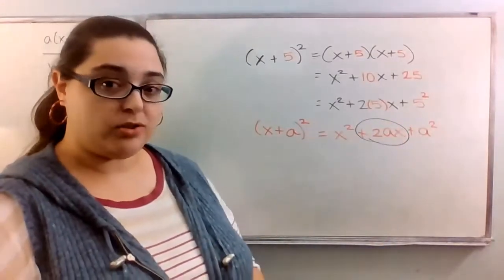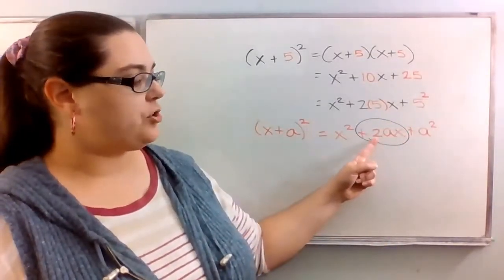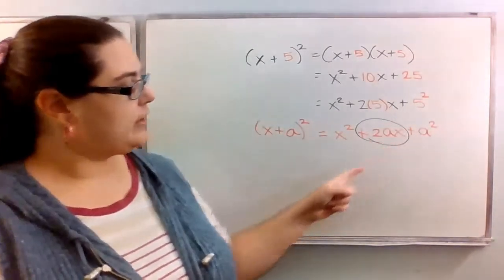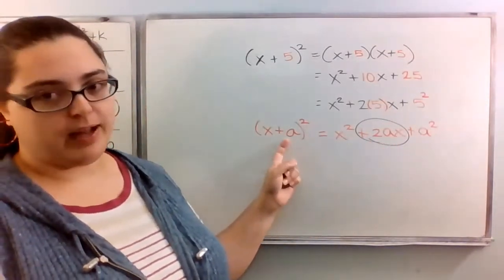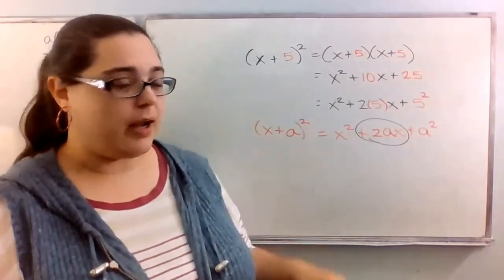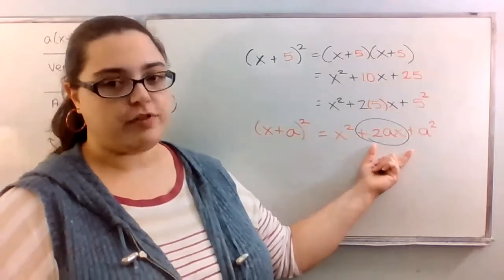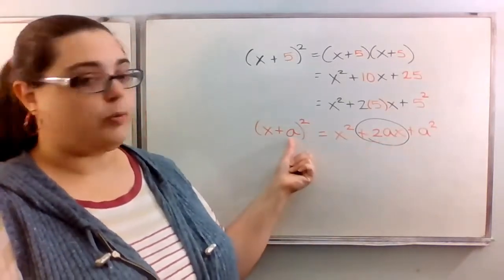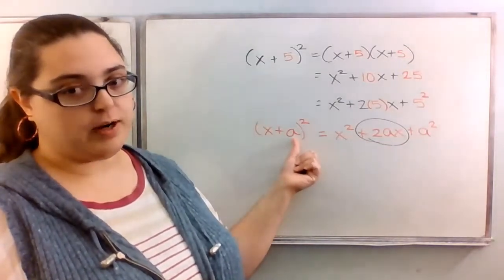Notice that in this middle term, we have 2a as our coefficient, and this a harkens back to what we had originally. So keep in mind that the coefficient of the linear term is twice what we have in our perfect square.